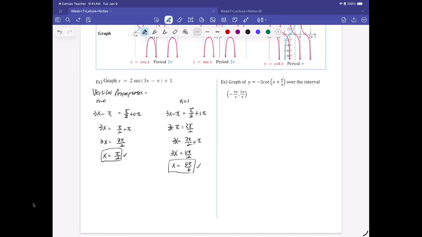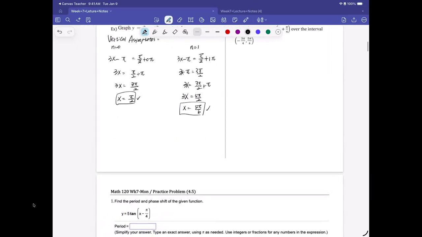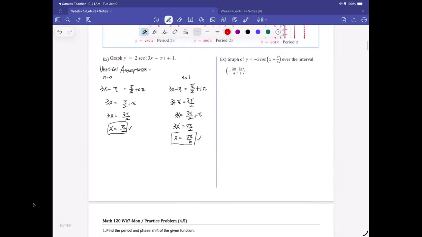That is too far away. What happened? n is -1, okay? Because this is pi over 2, and then this is pi over 6.